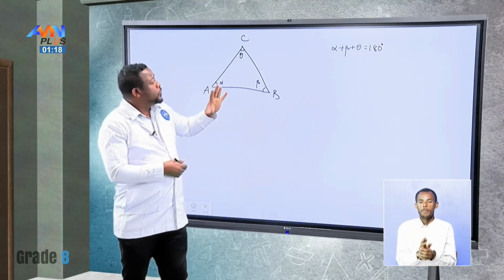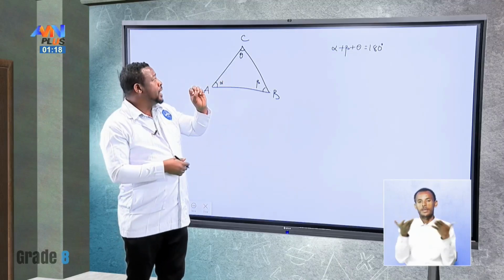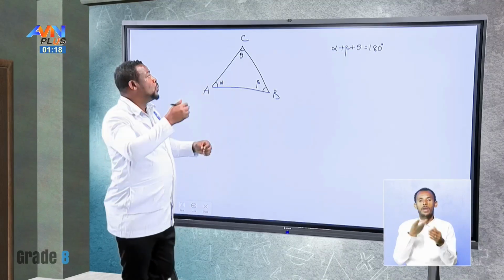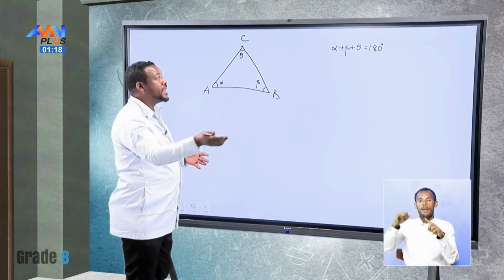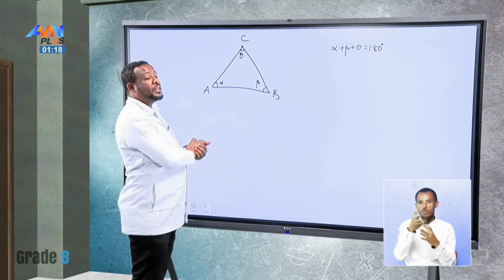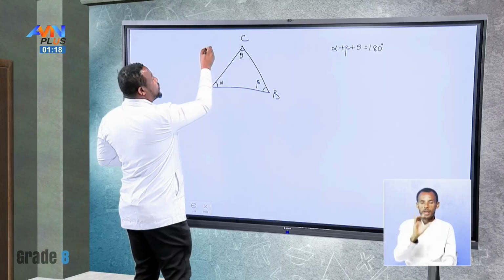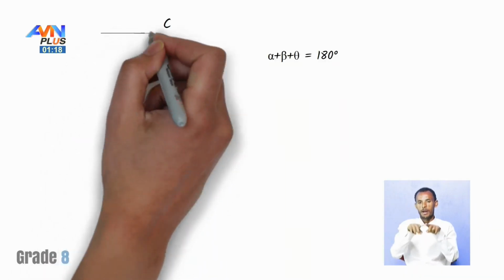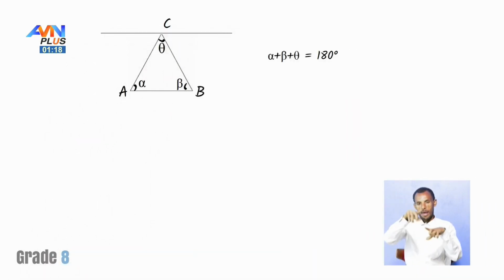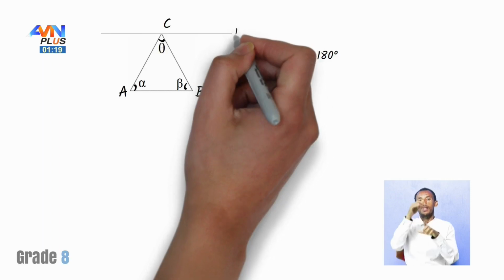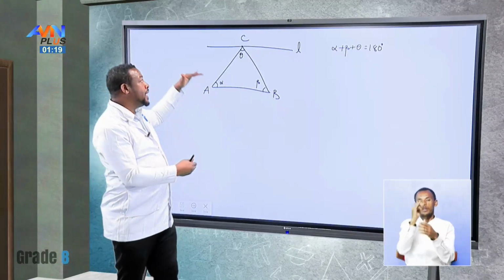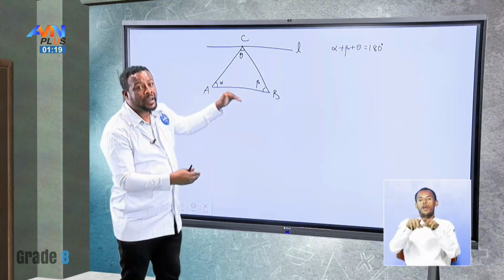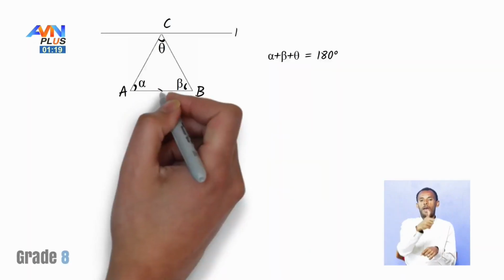Just to prove this, the first thing that we did is we constructed a line passing through one of the vertices. Say, take the vertex C. If you construct a line passing through this vertex, say that line is L, this line is constructed in such a way that it's parallel to the other side, that is AB, right?